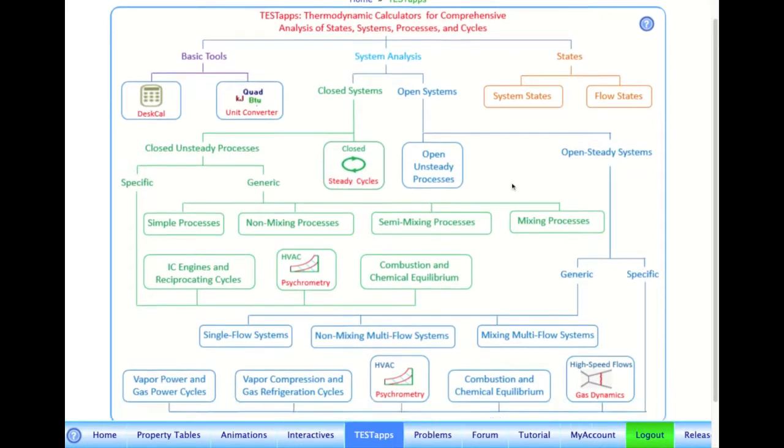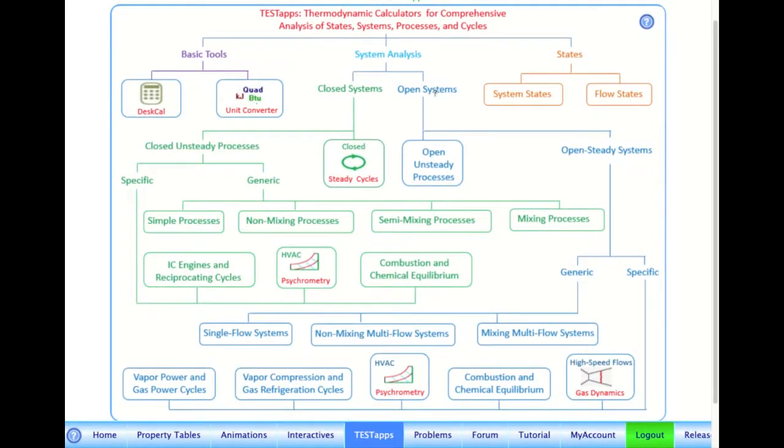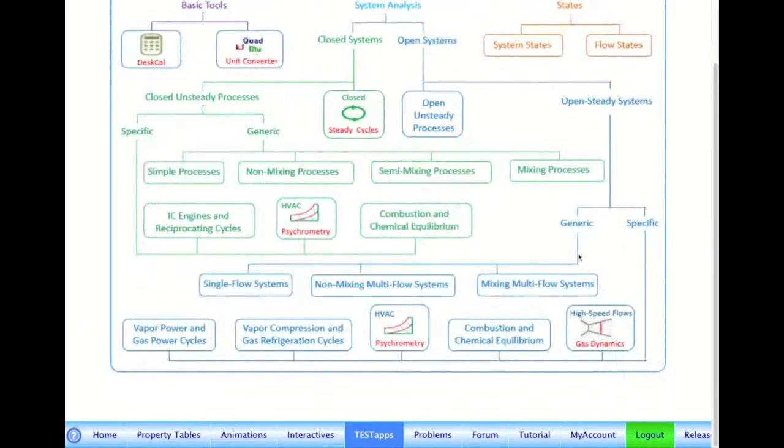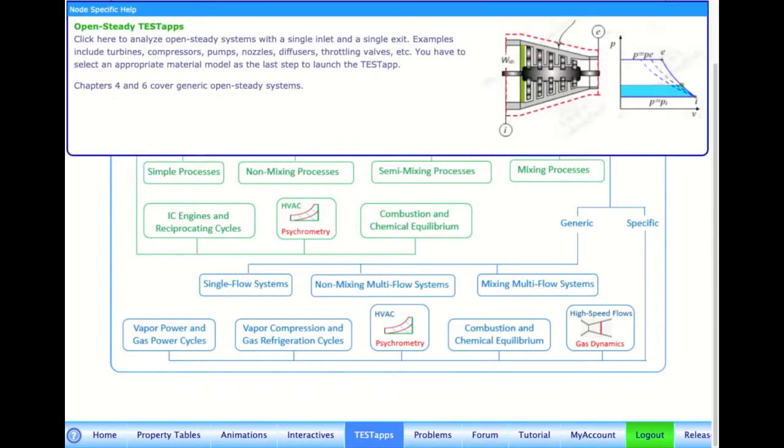And so for that particular problem, you'll notice that we'll go down through the open system. And again, it's a steady process as opposed to an unsteady process. And in this particular case, most of the open system steady problems will be single flow system. There's only a single fluid that's passing through.